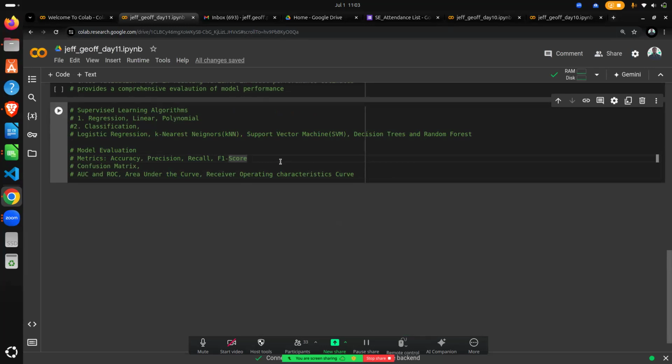That is machine learning. Then there is what we call unsupervised learning. And of course, when you look at advanced topics in machine learning, that is natural language processing or neural networks and deep learning. Neural networks is basically when you're dealing with images, image classification, using TensorFlow, Keras, and PyTorch.